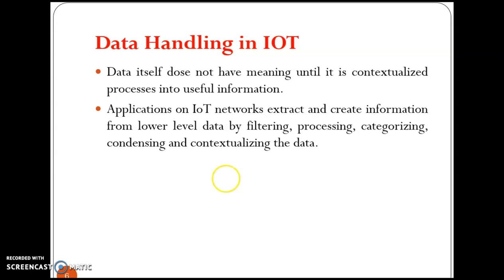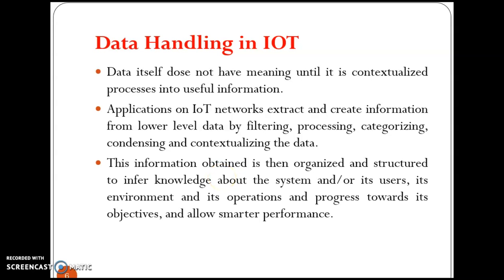After doing this, we are ready to move towards our actual objective. This information is then organized and structured to infer knowledge about the system, and that's how we are going to achieve our objective.